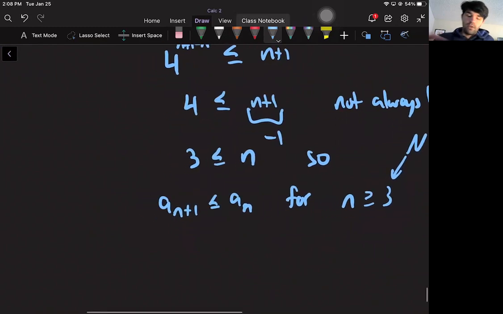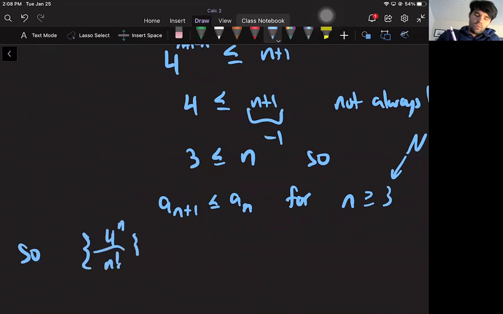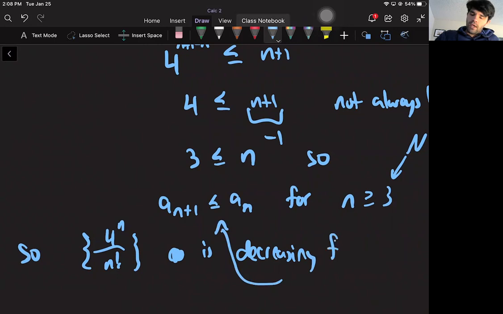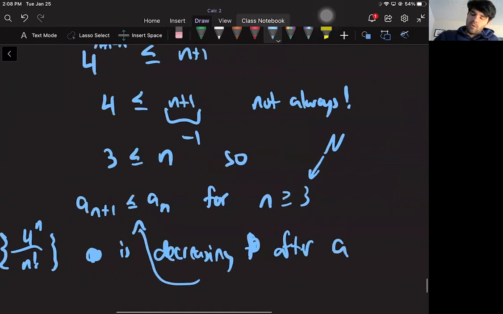Okay, so then to conclude, this sequence is decreasing, because that's what we showed here. Not always decreasing, it's only decreasing after a sub 3.